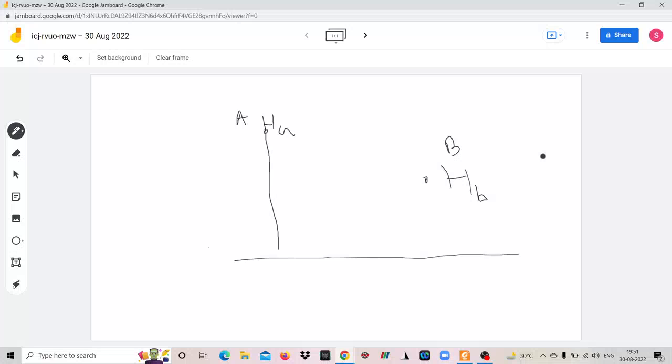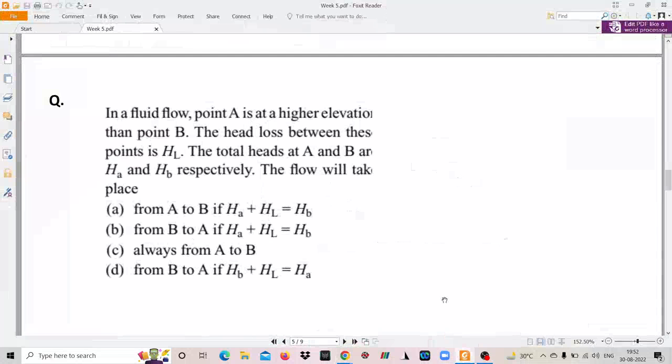As we have seen, flow always takes place from a region of higher total energy to a region of lower total energy. The head loss between these two points is HL. It is not mentioned in the question whether HA is more or HB is more.